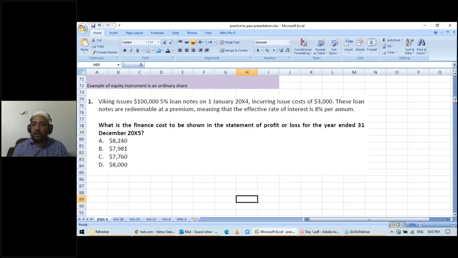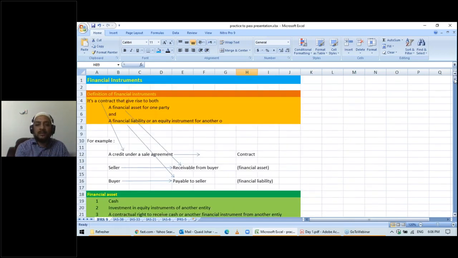So if you want, for practice purposes, you can use your notebooks or rough paper sheets to write the answers, and your calculators together, so that you can learn in a much better way with me. So let's first start with financial instruments.